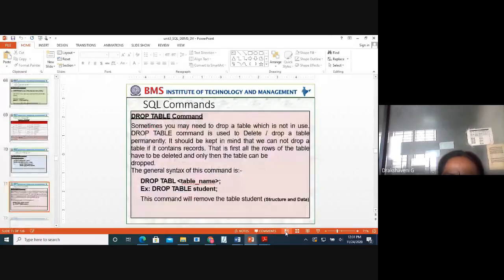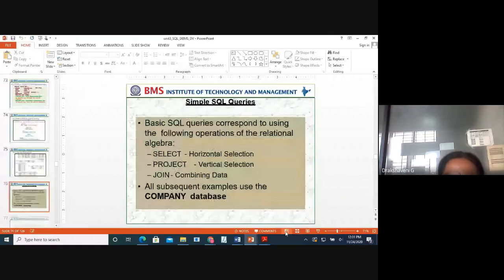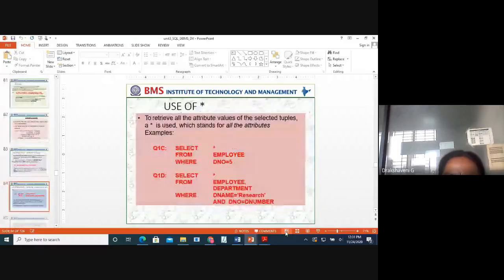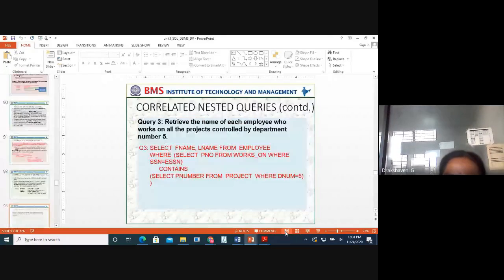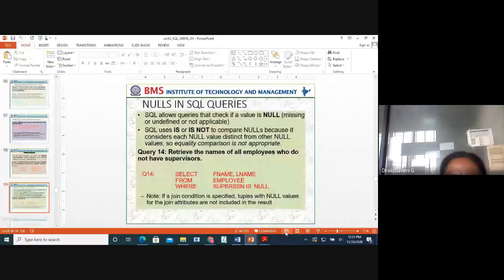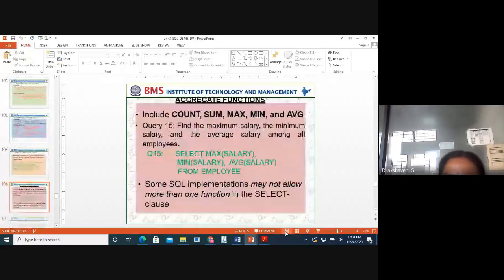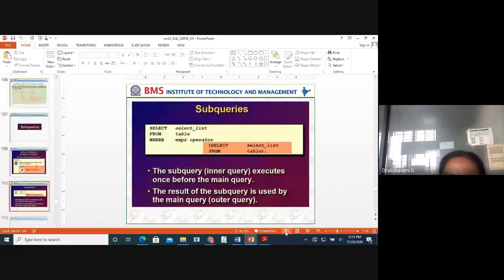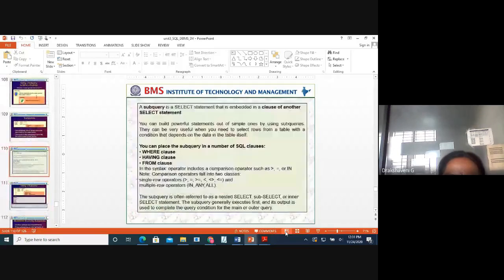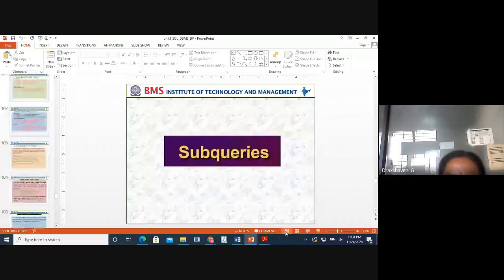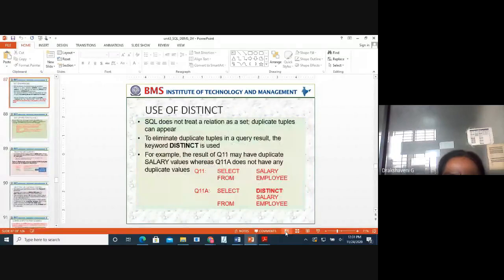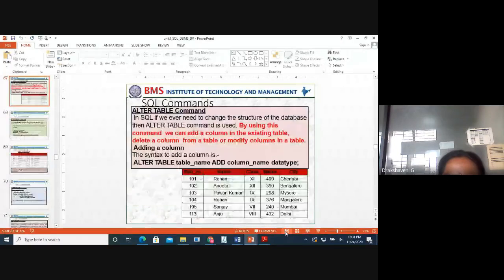This is create, alter, drop, simple queries, nested queries, null query, join, aggregate function, entity integrity, where is it, entity integrity. Yeah, somewhere we scroll down.